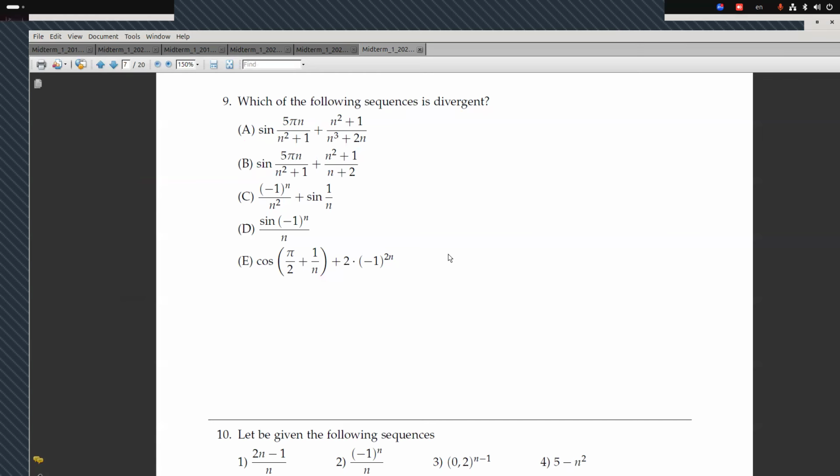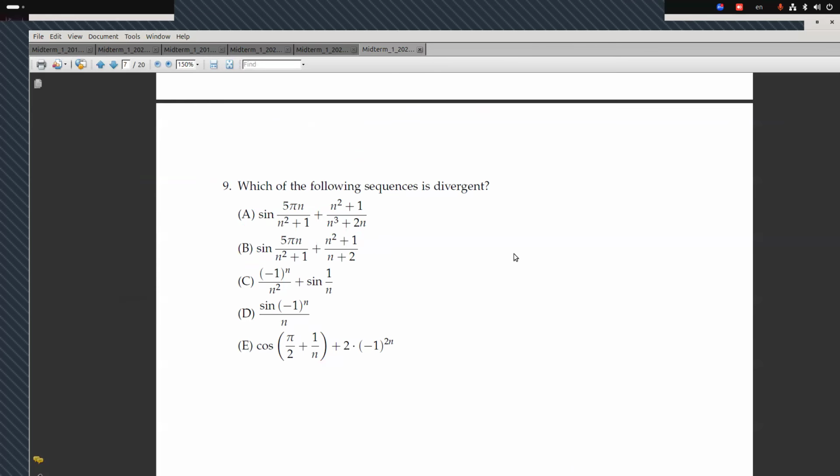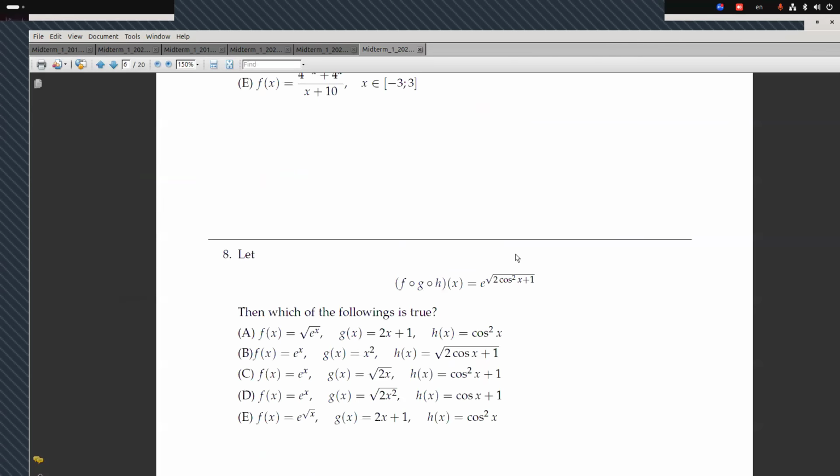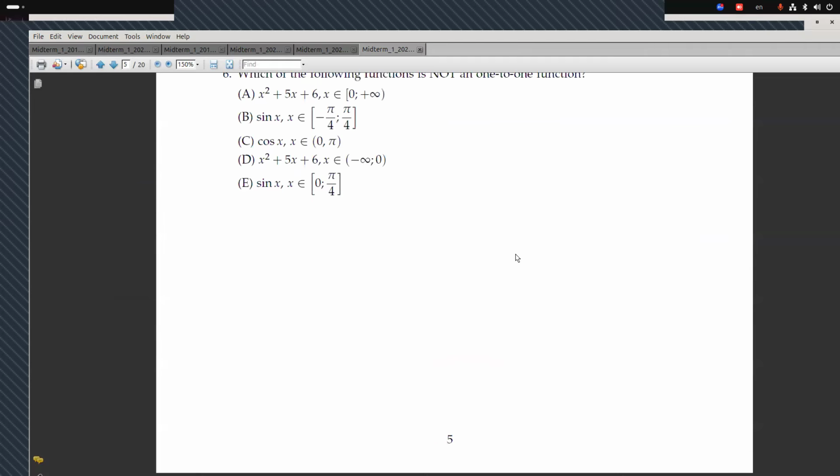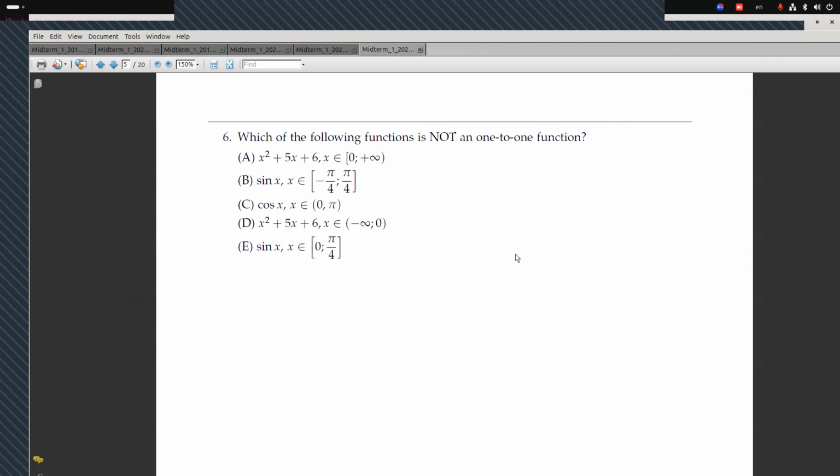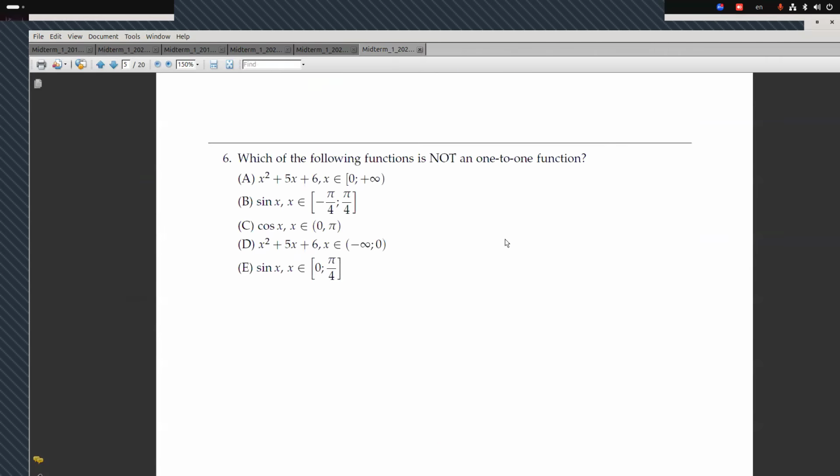2022 multiple choice number 6. Not a one-to-one function. We have the same parabola written here. What is the graph of this parabola?